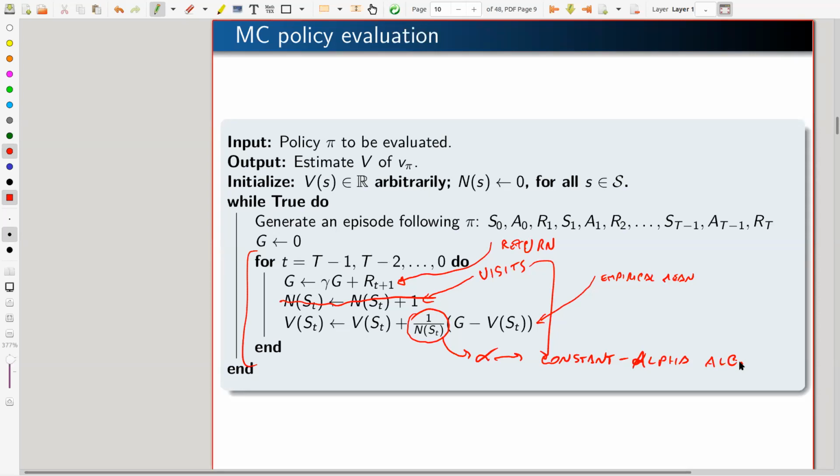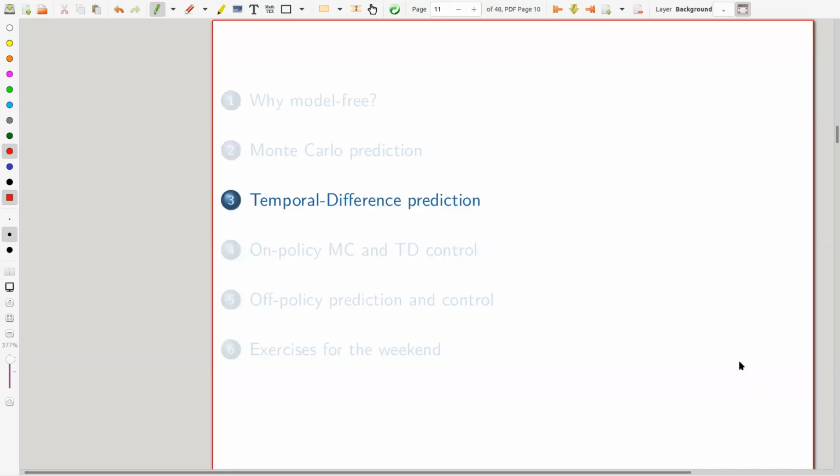Questions? Okay, so Monte Carlo methods are very, very easy. And I feel we said enough. Let's go to temporal difference prediction.